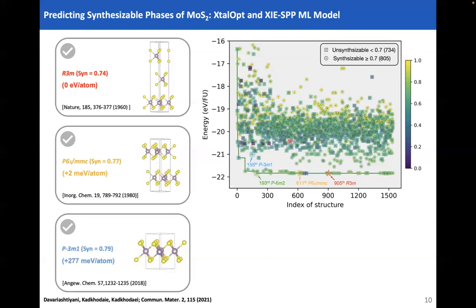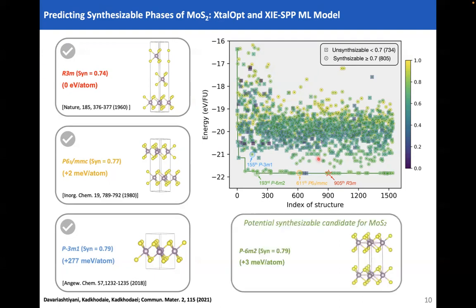Overall, here is just an overview of the search which was conducted. As you can see, this evolutionary search not only found these experimentally reported phases, but interestingly, we were able to find a new phase that is not reported in ICSD or other materials databases.